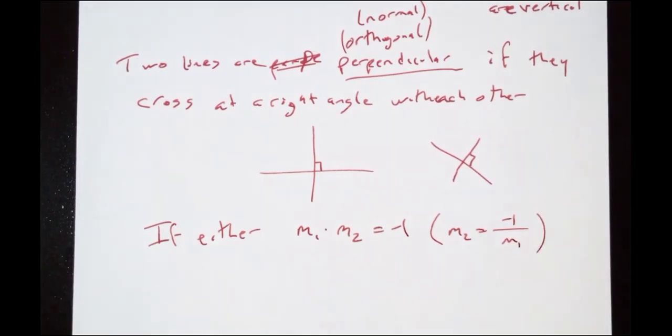We usually write it as multiplication. I write that the product of those two slopes has to be -1. I can write M2 as -1 over M1 equivalently.